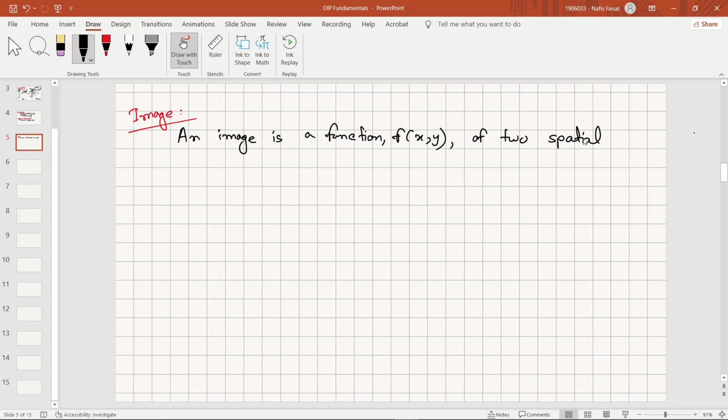So it's spread in two directions. We actually know this from our intuition whenever we see an image, that it is just a 2D grid of colors. So it's a function of two spatial variables x and y.